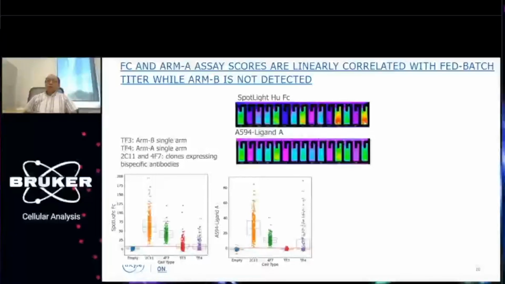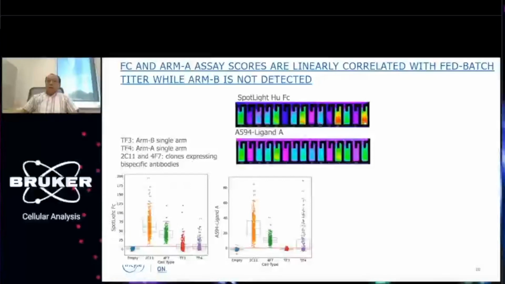Those two cell lines express the bispecific antibodies, TF3 expresses arm B antibody, and TF4 expresses arm A antibody.